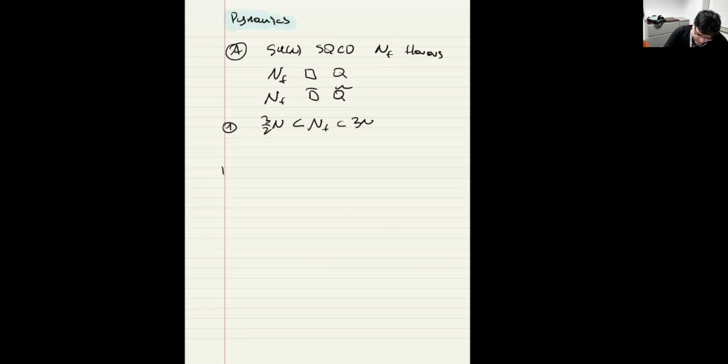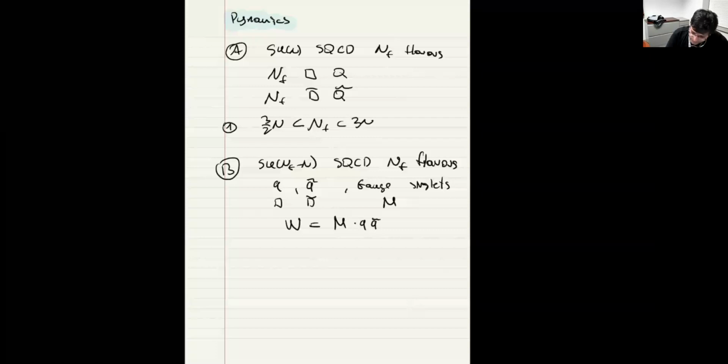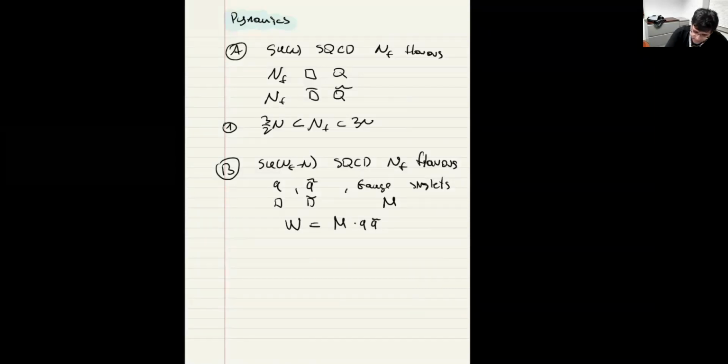There is another description that you can define, which is in terms of SU(NF minus N) SQCD with the same number of NF flavors, which we will now denote, instead of capital Q, by small q's and q tildes. Again, these are in fundamental and anti-fundamental representation. And we also add gauge singlet fields that we will denote by M, and we turn on a superpotential which couples this M to q and q tilde. So the number of these fields M is NF squared.